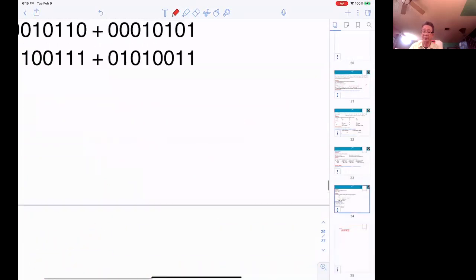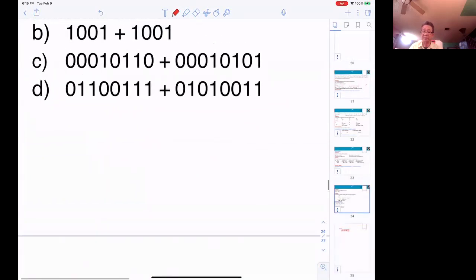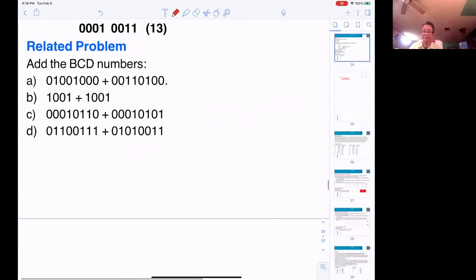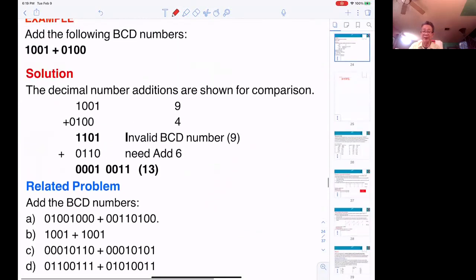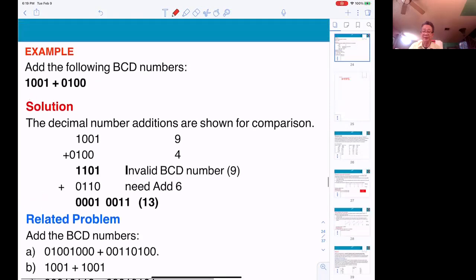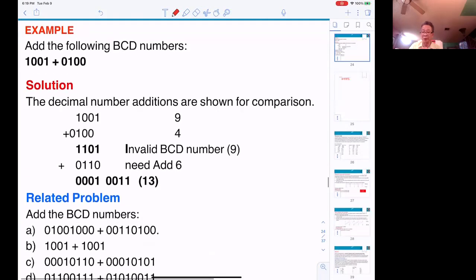Okay, I want to make sure we get that one. That's what we want to do. Adding 1001 to 0011.